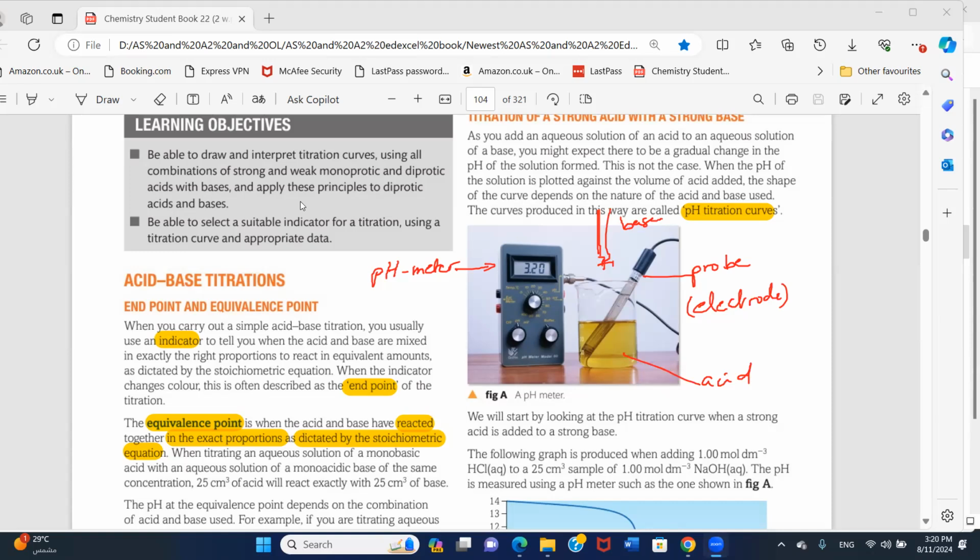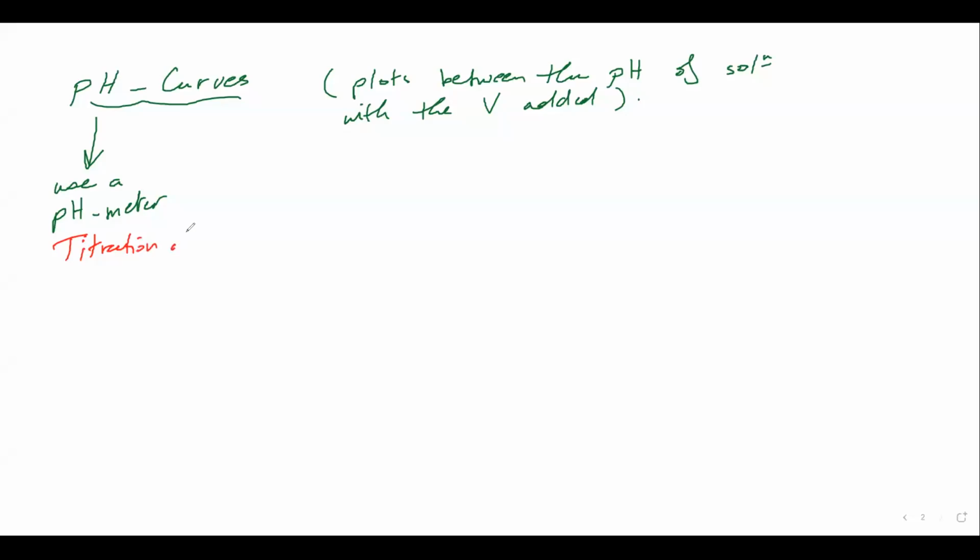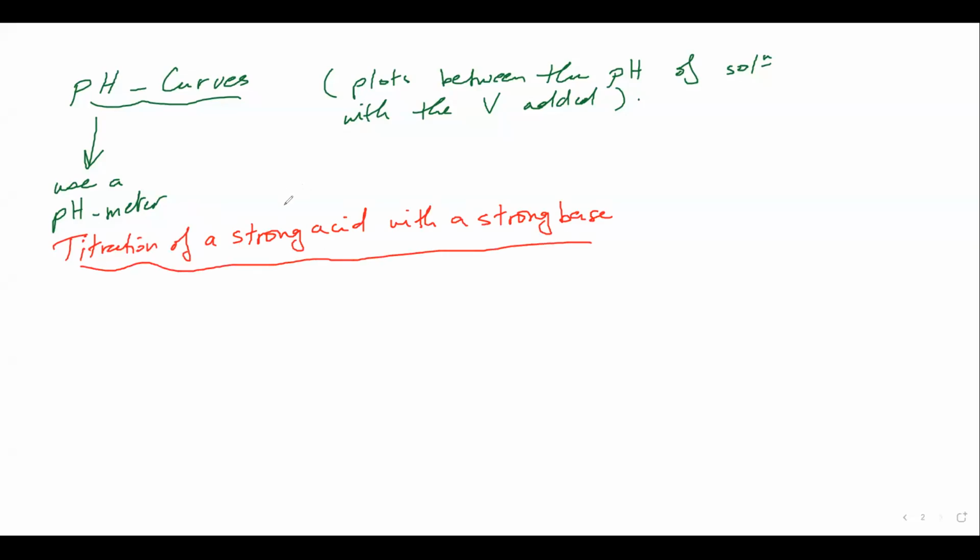So the first titration that we are going to do is the titration of a strong acid with a strong base. For example, we have a strong acid like HCl and a strong base like sodium hydroxide.